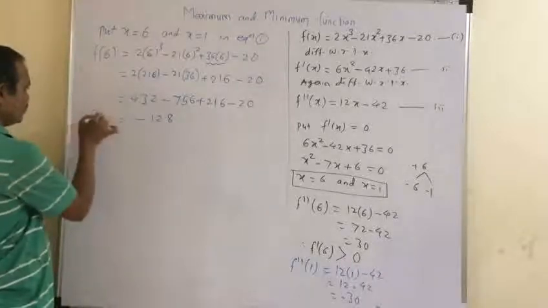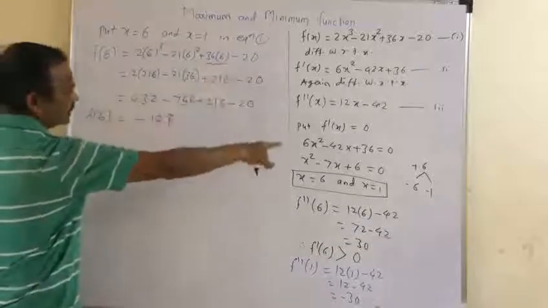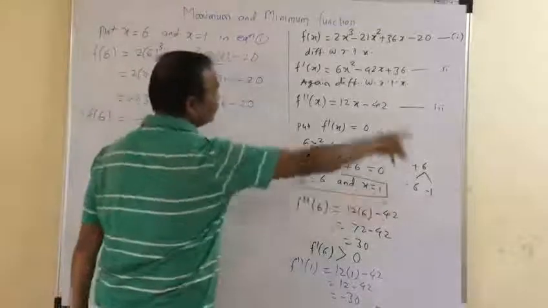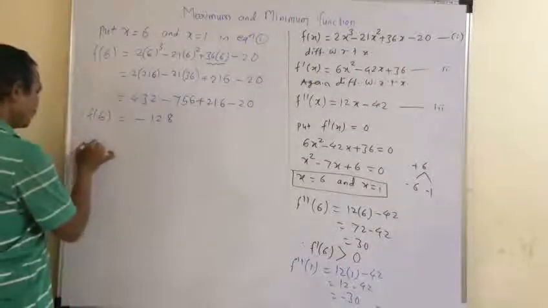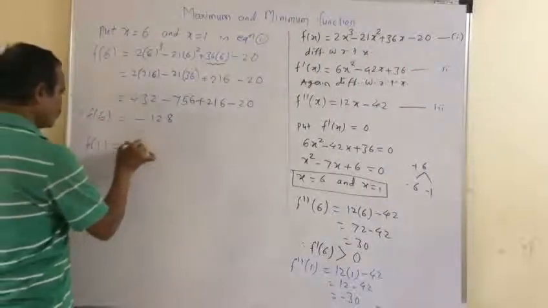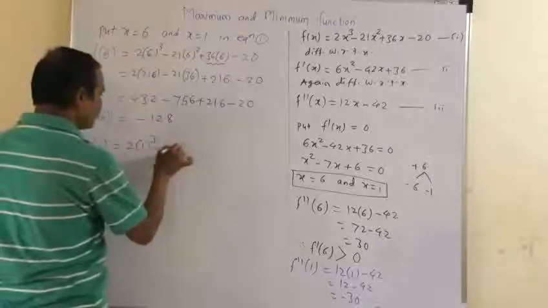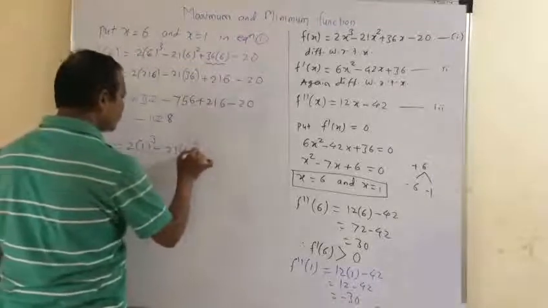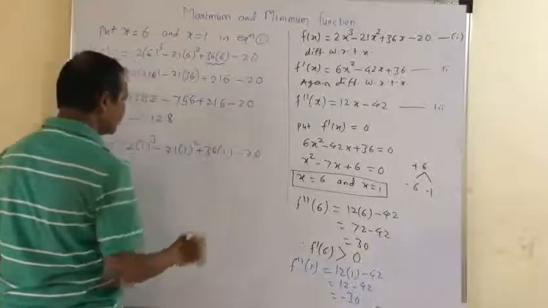Now we put x is equal to 1 in equation first. So we get f of 1 is equal to 2 times 1 cube minus 21 times 1 square plus 36 times 1 minus 20.